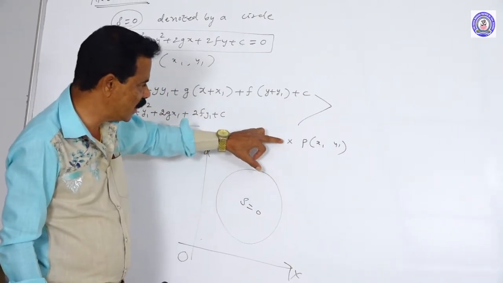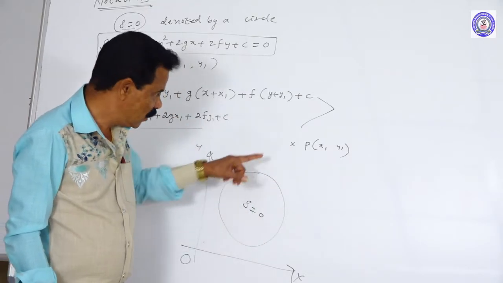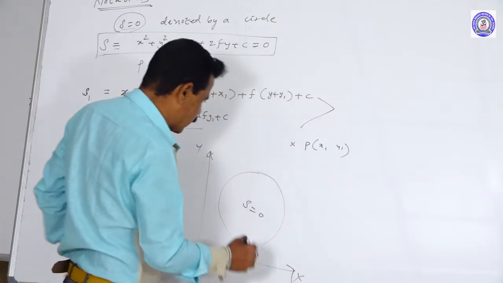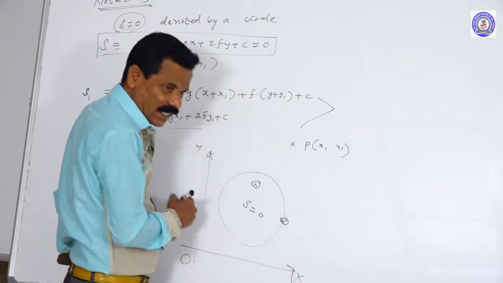So how many chances are there here? P lies outside the circle, P lies inside the circle, or P lies on the circle.